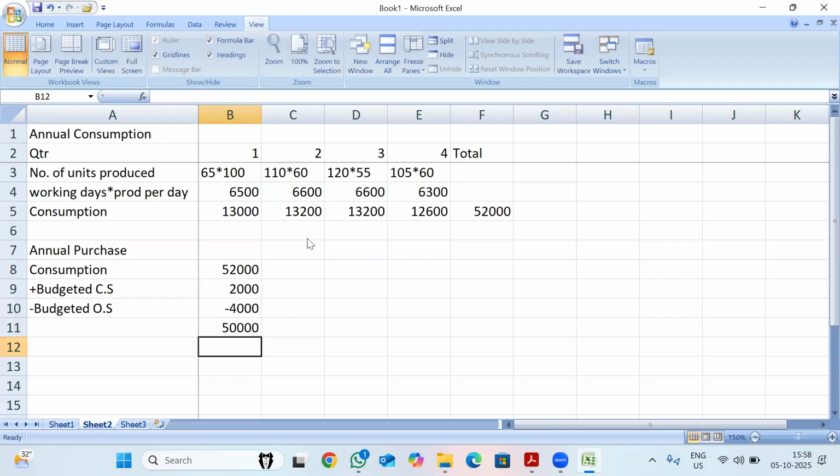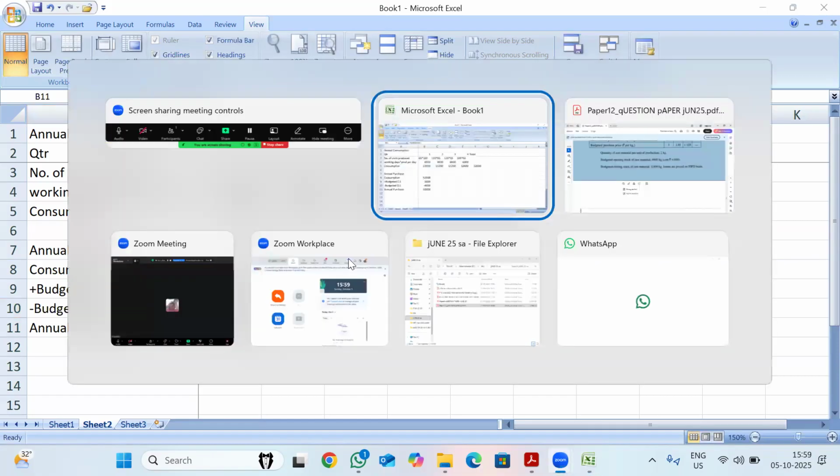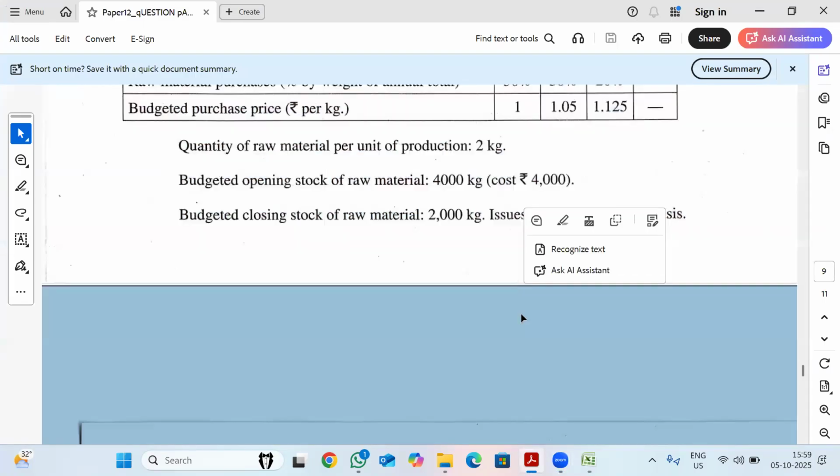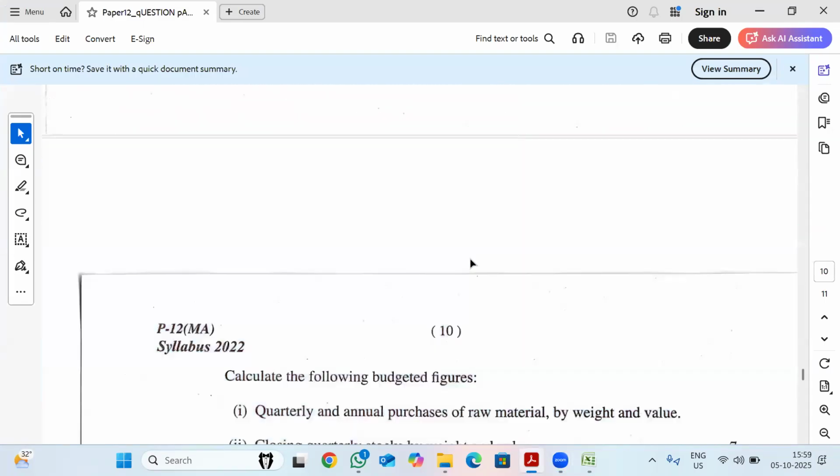So my annual purchase will be 50,000 units. So this is my annual purchase. So now what they told in the question, I just want to calculate what will be my quarterly and annual purchase of raw materials.